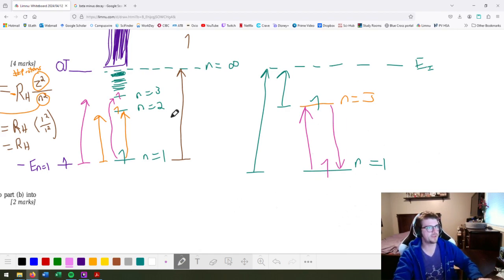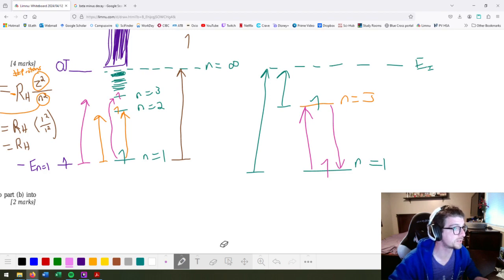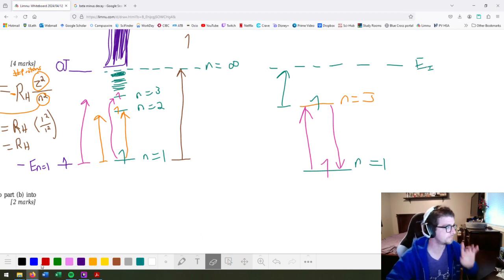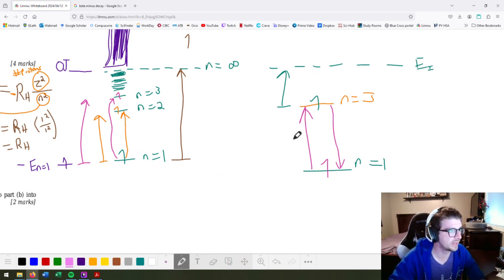So let's take this example, and let's say you've got three sources of light. This one is source one, this one is source two, and let's call red source three.